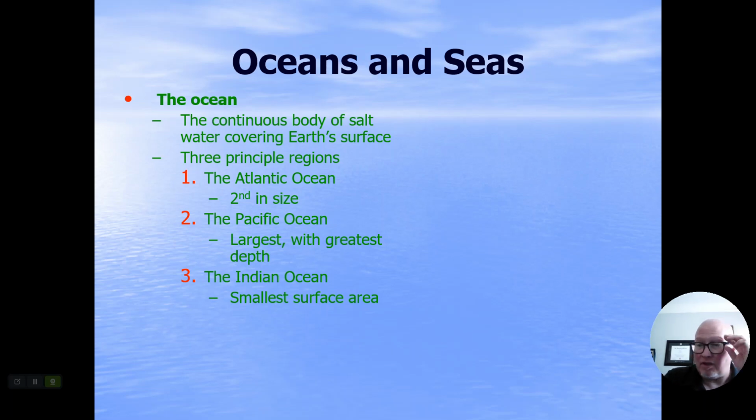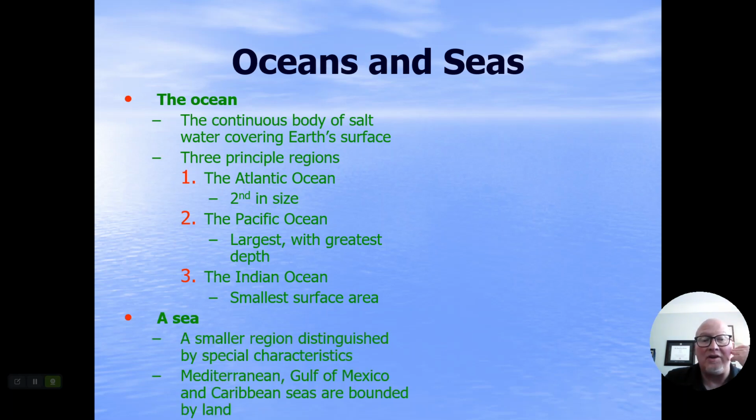Now, each of those oceans have areas within them that have other names, but primarily these are the big names here: the Atlantic, the Pacific, and the Indian Ocean. A sea is a smaller region that is distinguished by particular characteristics, something like the Mediterranean Sea, the Gulf of Mexico, the Caribbean Sea. These are all bounded by land in some way, islands or peninsulas, that sort of thing.